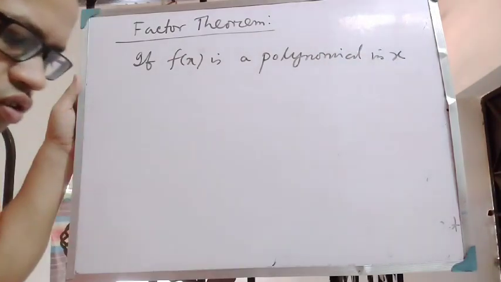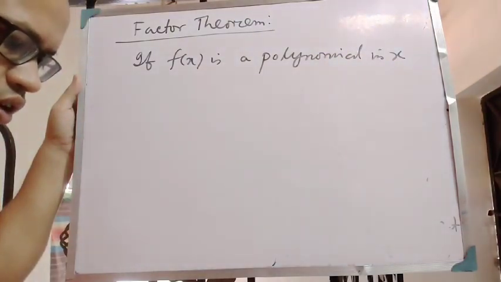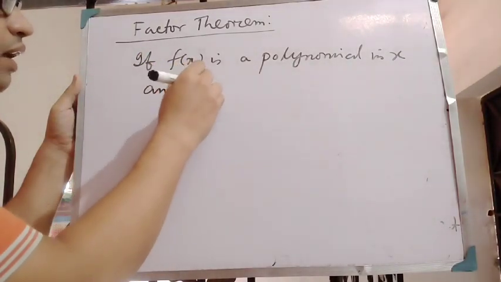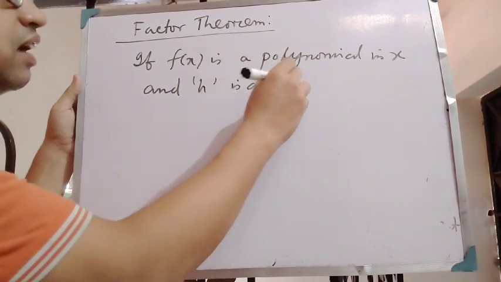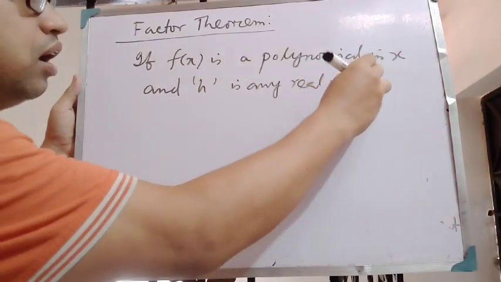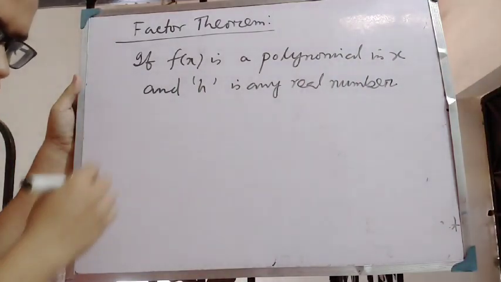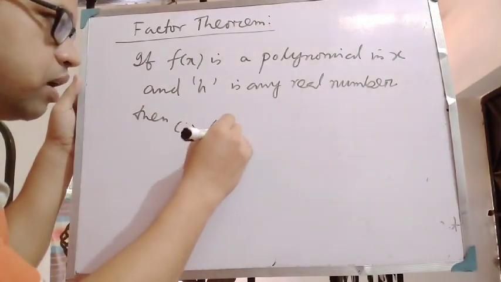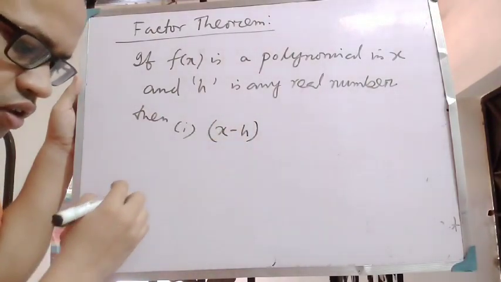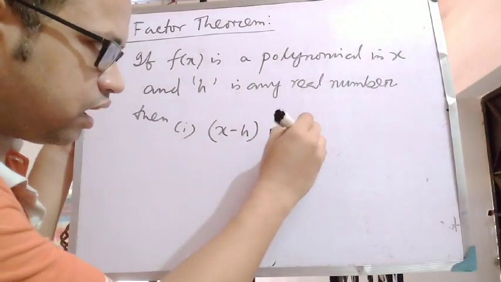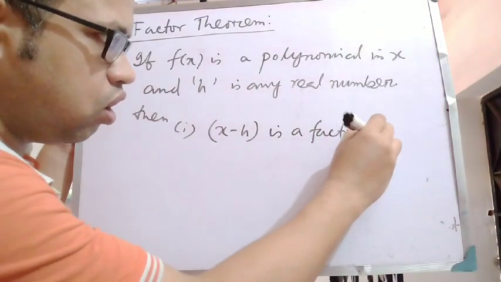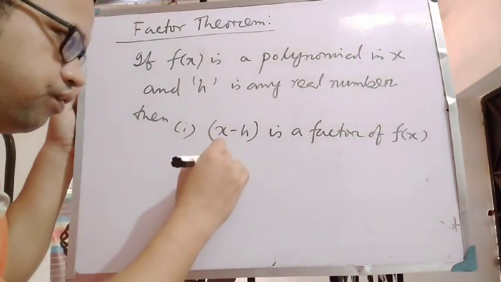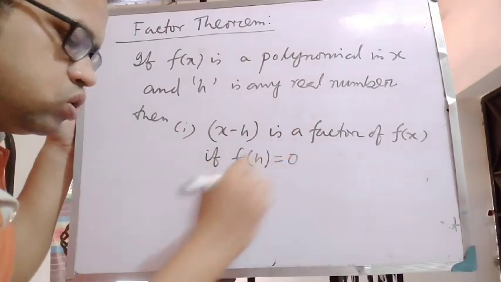Statement of the factor theorem: if f(x) is a polynomial in x and h is any real number, then number 1, x minus h is a factor of f(x) if f(h) equals 0.